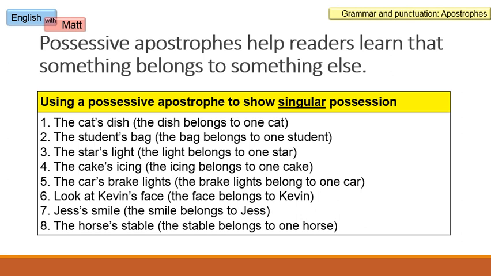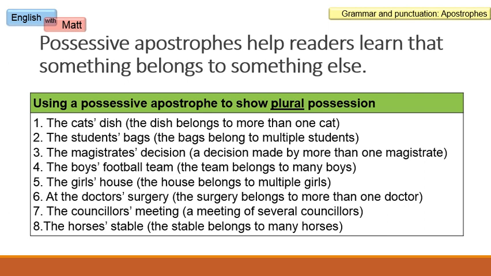When we have, though, plural possession, it means that you have more than one noun owning something. So if we look at number 1 now, we've got more than one cat. So we can't put the apostrophe between the T and the S because that would suggest we have one cat, but we don't. We have multiple cats. So we have to put the apostrophe here at the end of the word, not between the S and the other letter.